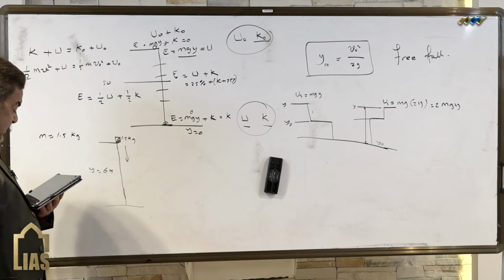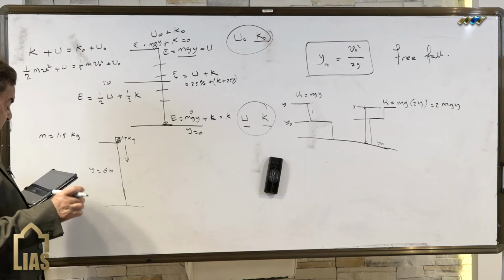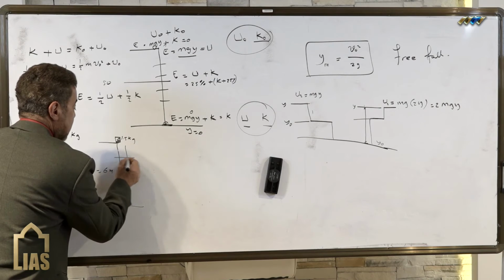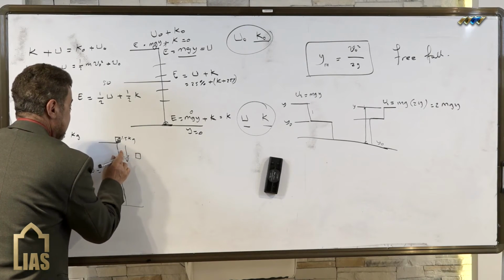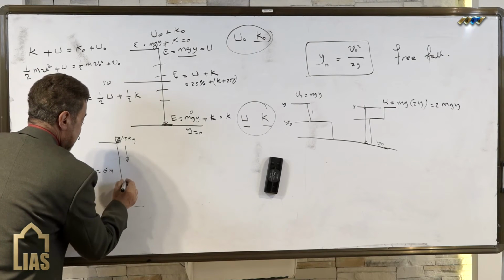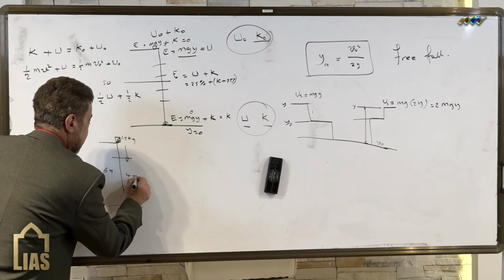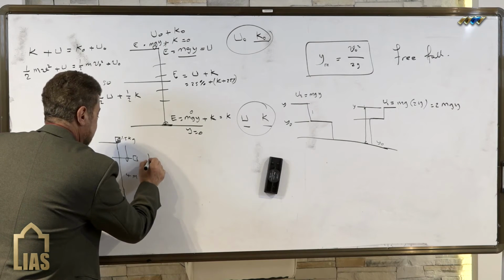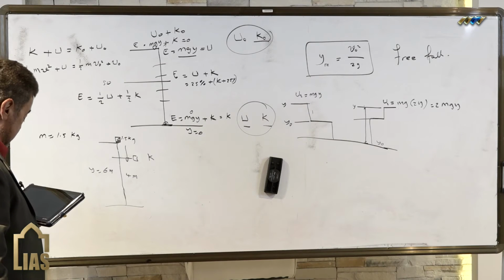What's the kinetic energy of the can when the can is at a height of 4 meters? It's asking for the kinetic energy in this case. Okay?